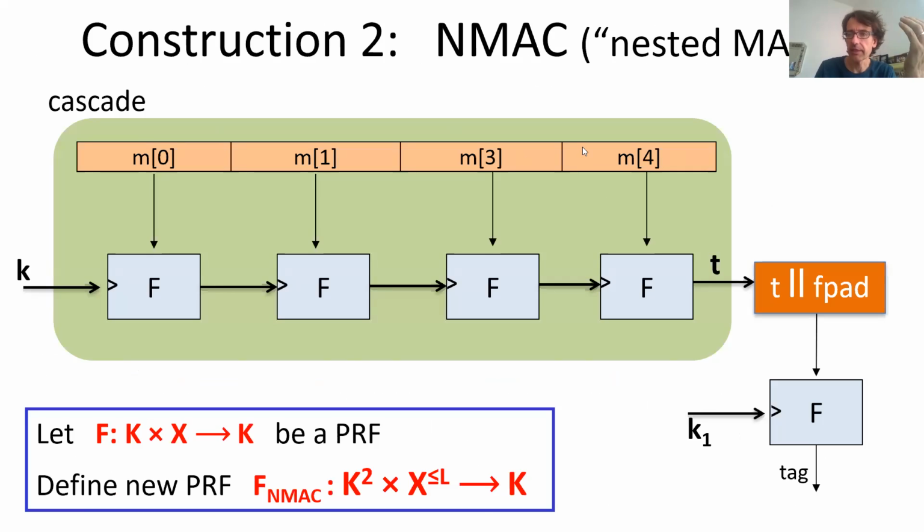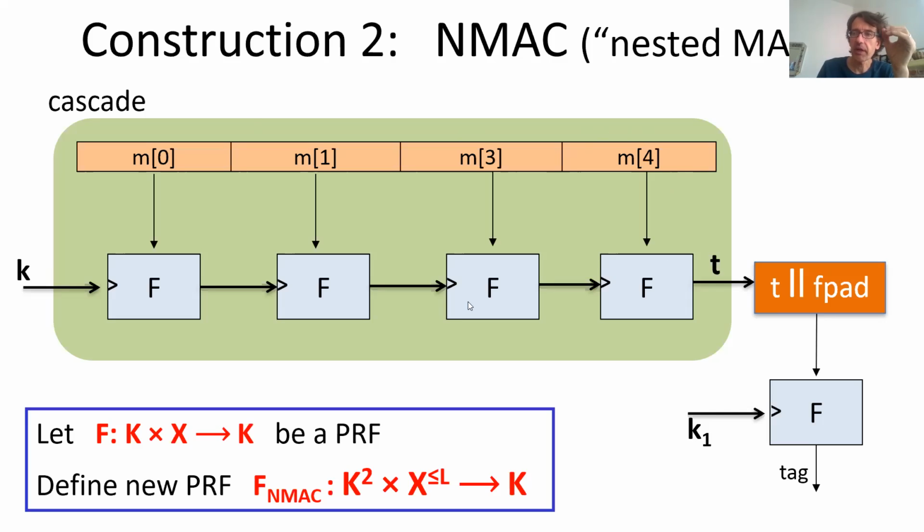And he now sends another message, maybe shorter, maybe longer, gets a tag on that. He cannot tell interaction with such a box on a fixed but randomly chosen key K1 from interaction with a random box, a random function, which on arbitrary strings just picks this tag output at random. And the only consistency it has is that if you query it twice on the exact same string, you get the exact same value. Otherwise, these values are picked at random every time.